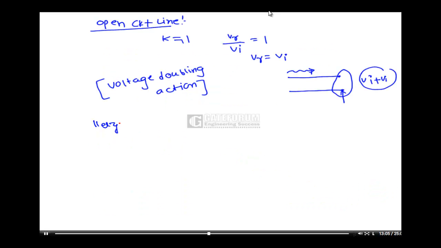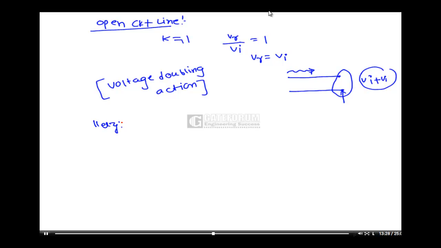Similarly, for a short circuit, what happens? The electric field collapses because the current exists and the voltage is equal to 0. So as the input wave approaches the load end, there is a sudden collapse in the electric field. That sudden collapse generates a magnetic field which is added to the already existing magnetic field.